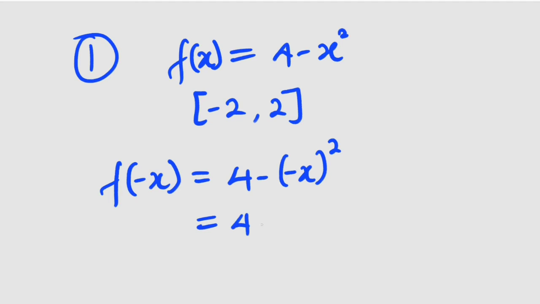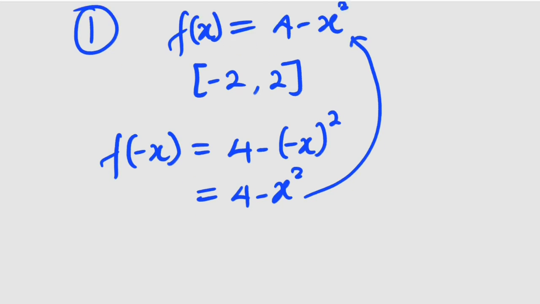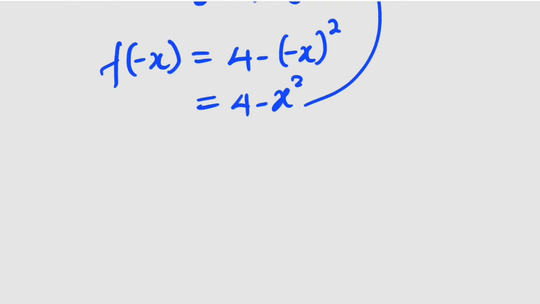This is equal to 4 minus x squared, since negative x squared is still x squared, which is exactly the original function. Therefore, this function is said to be an even function. And you can graph it to see it clearly. So we want to find the area between negative 2 and 2 of the function 4 minus x squared.